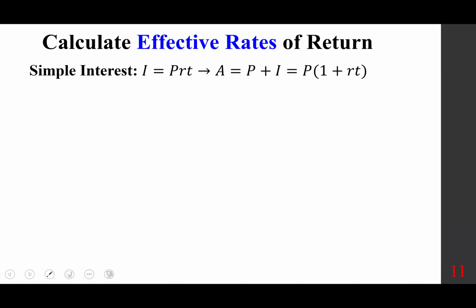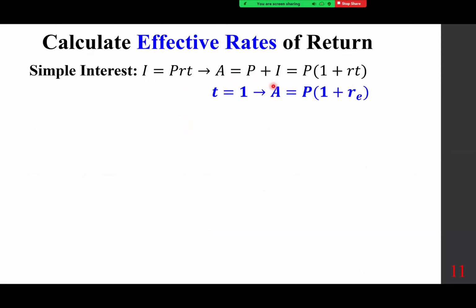We said I equals PRT, A equals P plus I, P times 1 plus RT. This is a simple interest. This is the amount we end up after using that, and of course, whatever T might be. However, effective rate refers to T being 1 year. So in this formula, we must set T to be 1. And now, when T is 1, instead of R, we're going to call it R sub E, the effective rate.